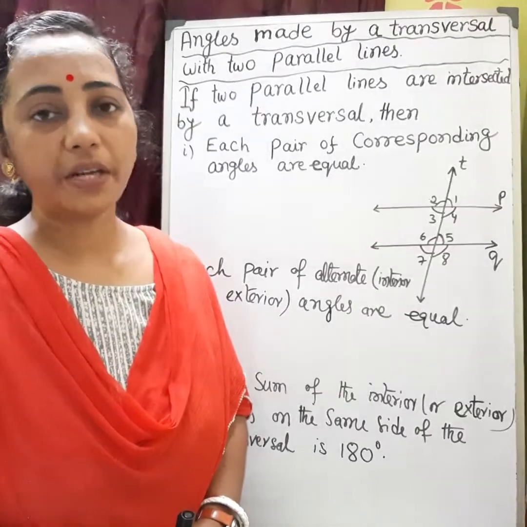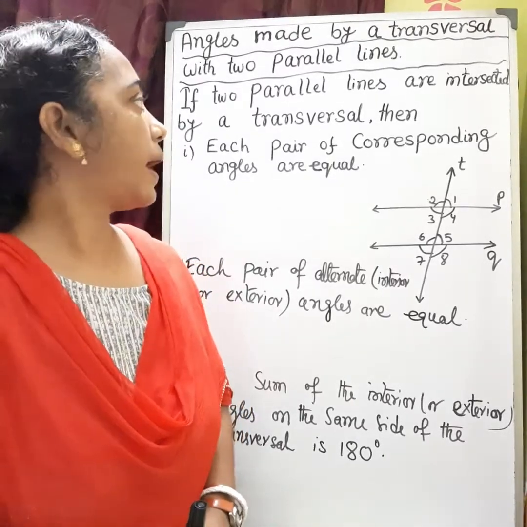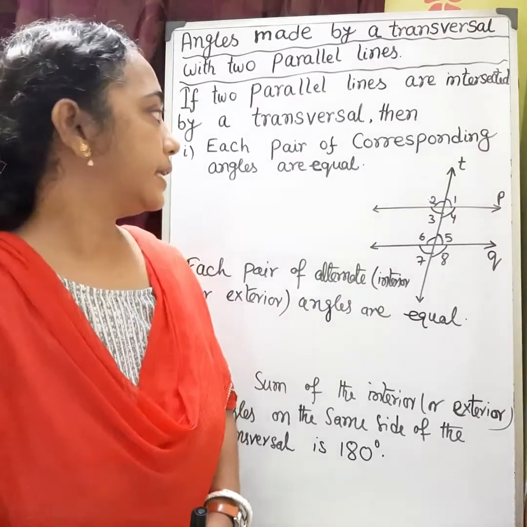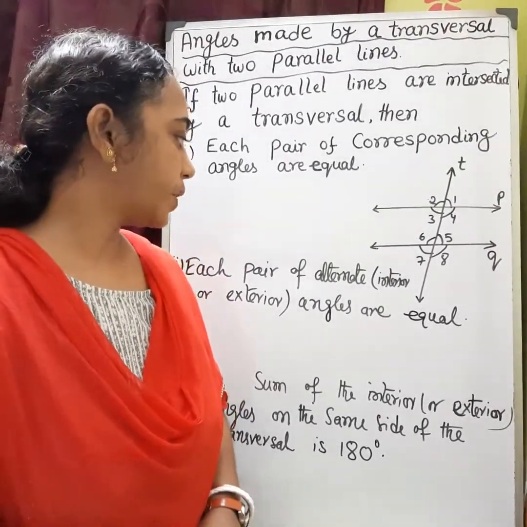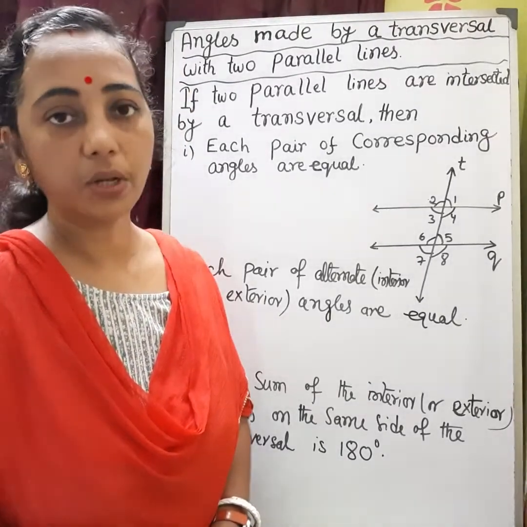So, from the measures of these angles, we conclude that if two parallel lines are intersected by a transversal, then each pair of corresponding angles are equal, and each pair of alternate interior or exterior angles are equal.